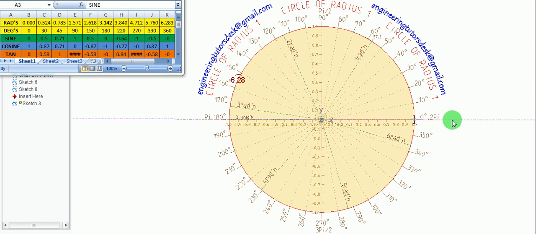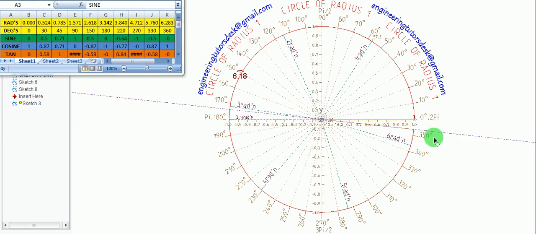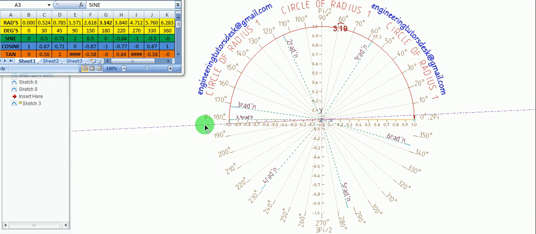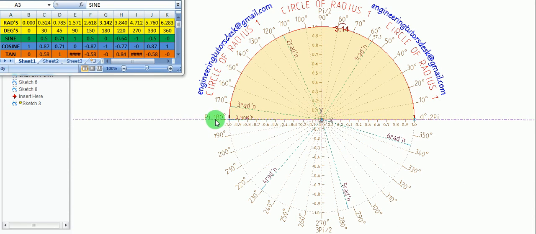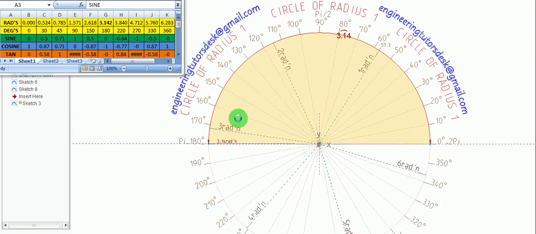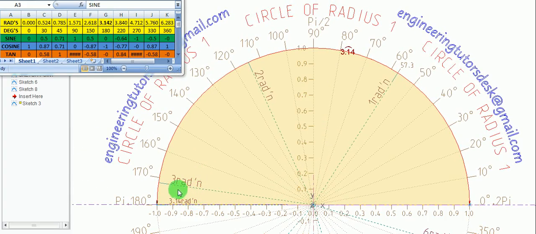When we can represent a complete circle in 6.28 radians, then we can represent half of the circle in 3.14 radians. That's the reason why 180 degrees is also called 3.14 radians.